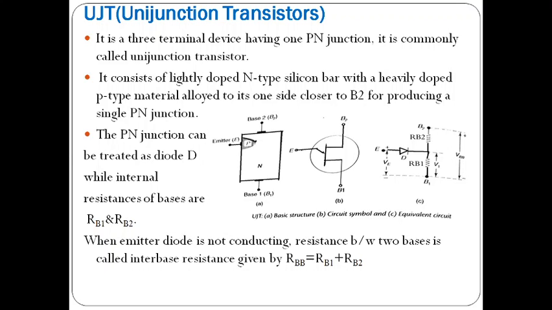The total resistance offered by the UJT when the diode is in off state can be written as the sum of RB1 plus RB2. This resistance is called interbase resistance, represented with RBB. RBB equals RB1 plus RB2.